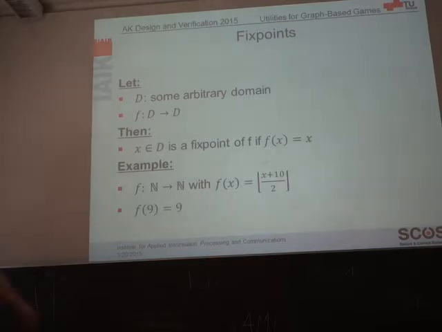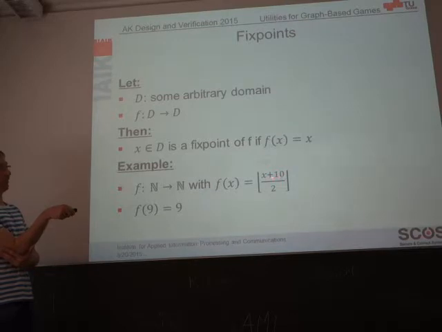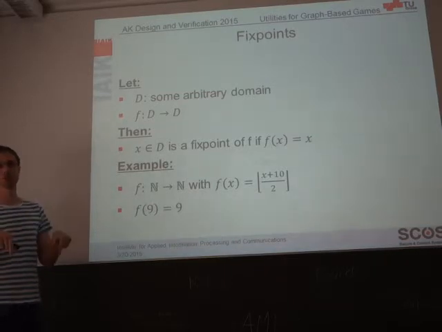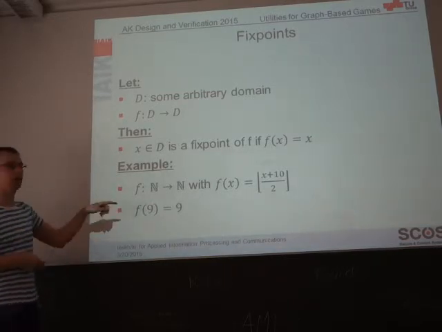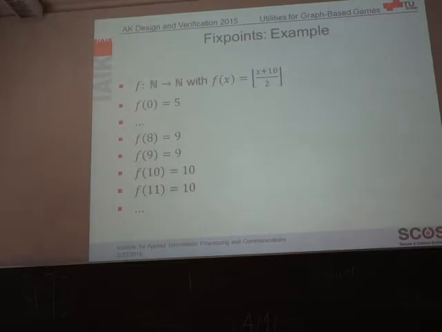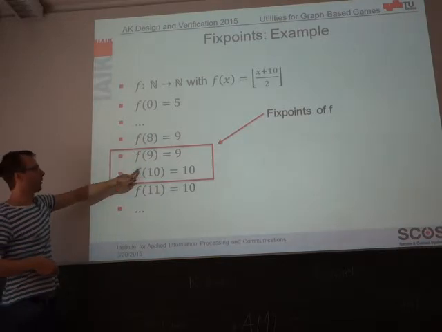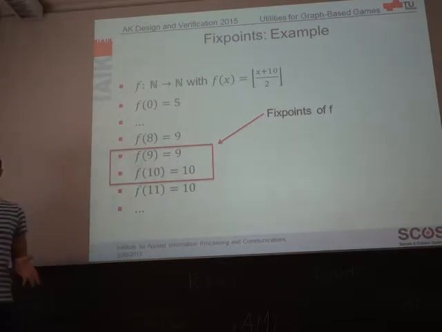Actually, I found a different one. 9 also works, I think. 9 plus 10 is 19, divided by 2 is 9.5, but rounded down is 9 again. So f of 9 is also 9. In general, what we can do is just try to evaluate the function for different values and then pick these entries where the argument is the result.